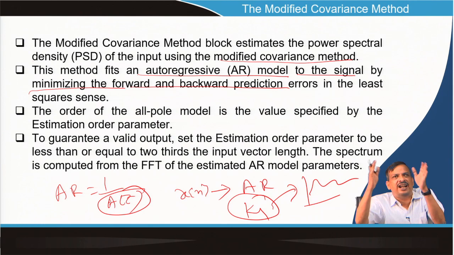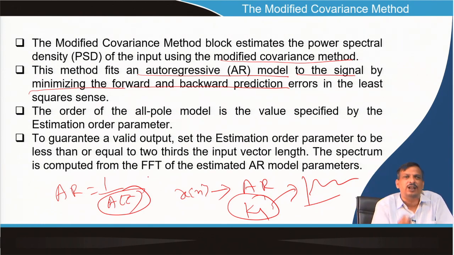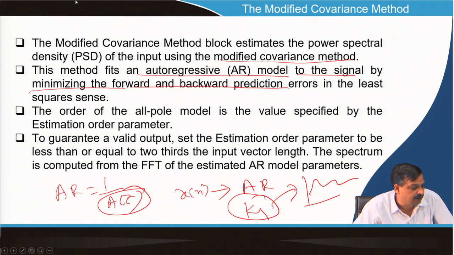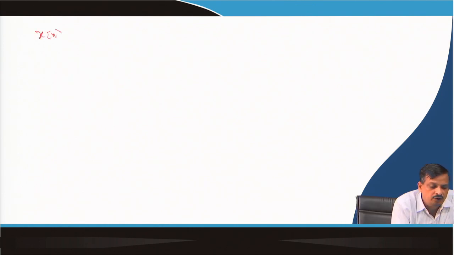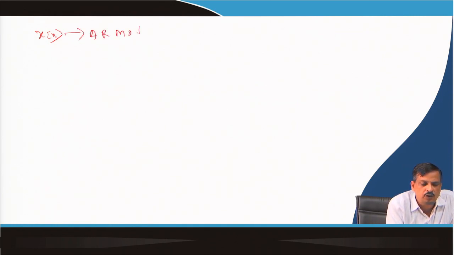So, once I get the AR model parameters, suppose I have a signal x[n], okay, I will take a slide here, then I will explain it. I have a signal. So, what I do, I make an AR model. What is that?